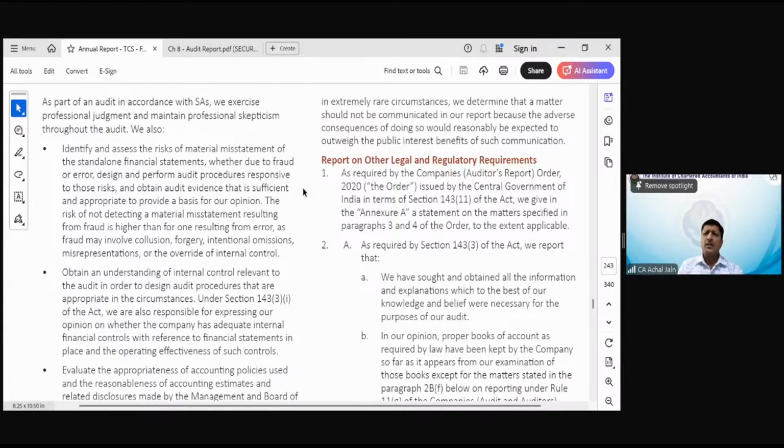There are a lot of points; it's a kind of checklist. Now, is it a legal requirement? Can the auditor say that I have covered all of these points? Of course, he may have covered them during his audit procedures, but still he is required to comment upon all of those points. So where will the auditor go and write all of those points?